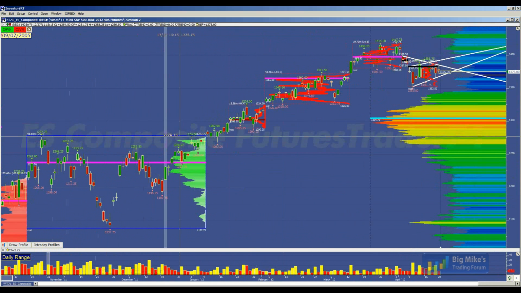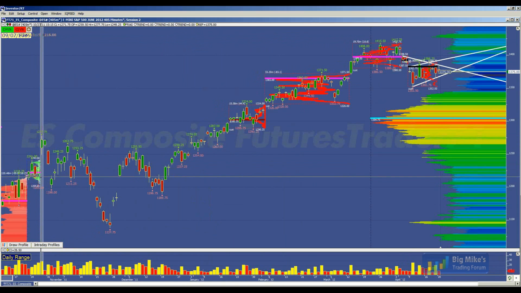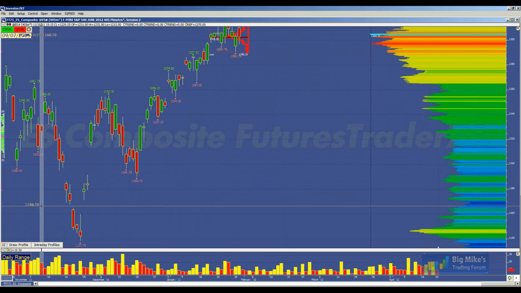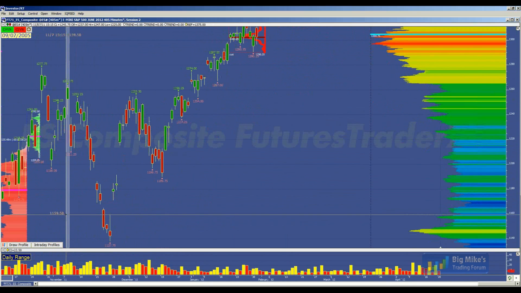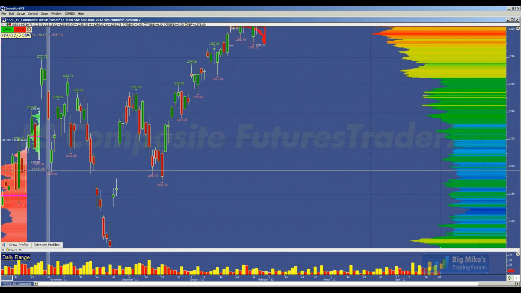As these days started forming, I start to look at the composite for that period. So you can see that composite, and what the composite shows me is what prices were doing, what these 4 days were doing volume-wise.